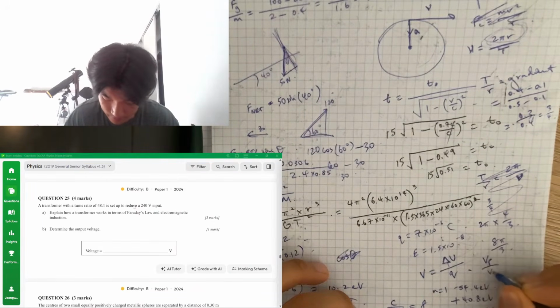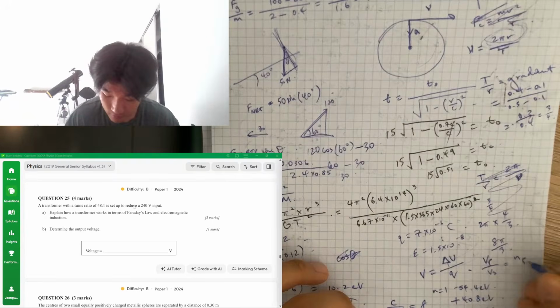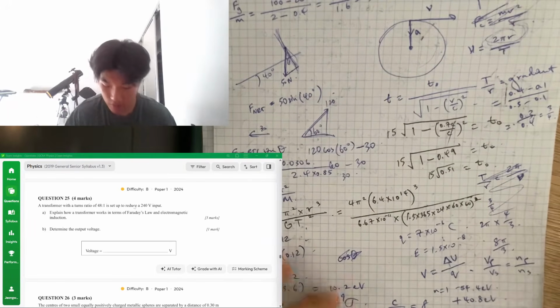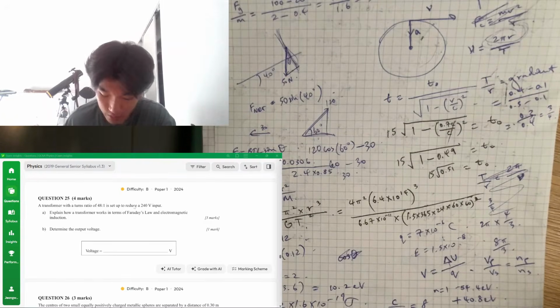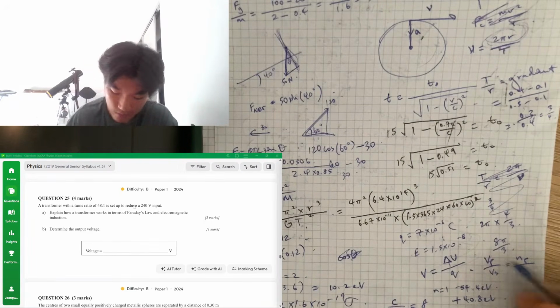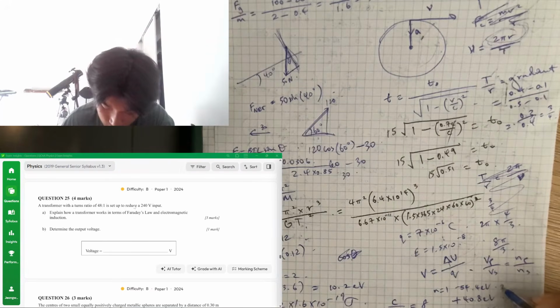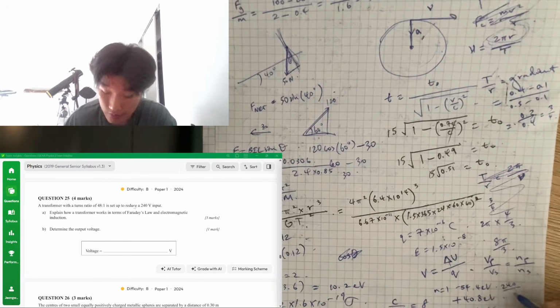We're given a 240 volt input, so that's the primary. 240 over the voltage of the secondary.